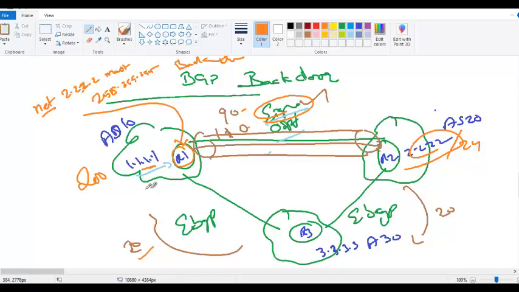And this BGP will go into what failure? Can someone complete? What failure? RIB failure. What is RIB failure, Arindra? Administrative distance higher.